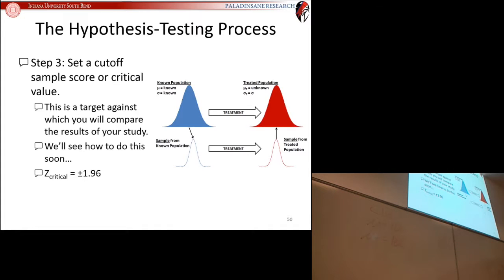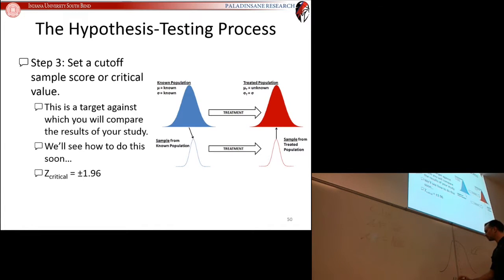And nowhere in the world is there a distribution of sample means for a mean of 40 and a standard deviation of 2. There's no textbook that has a table for this. So what we do is we change this into a distribution of means that got transformed into z-scores.